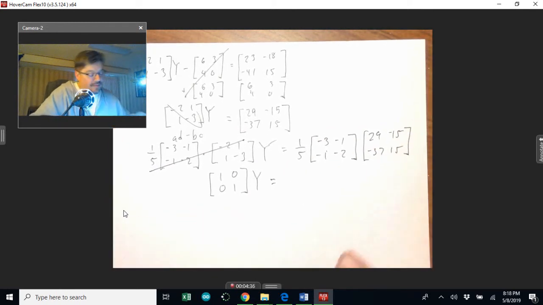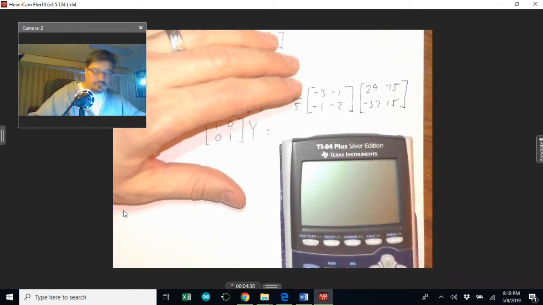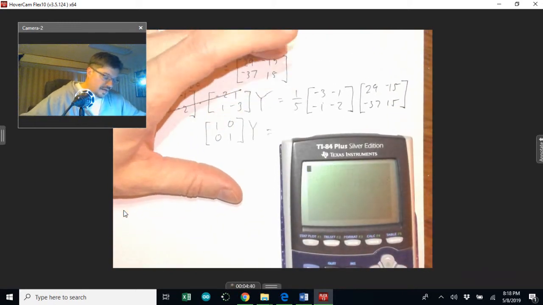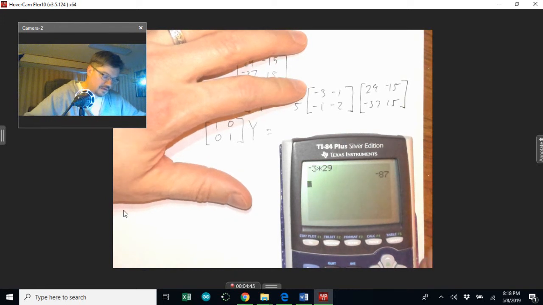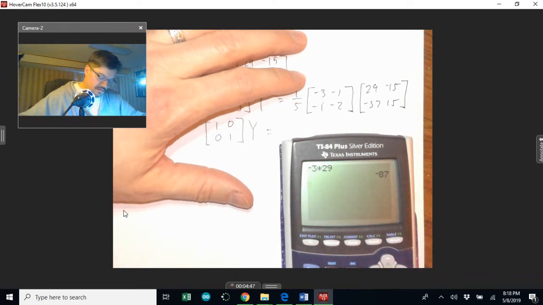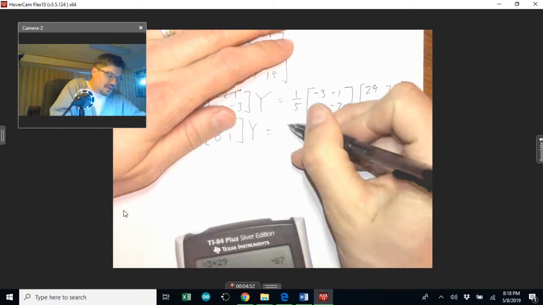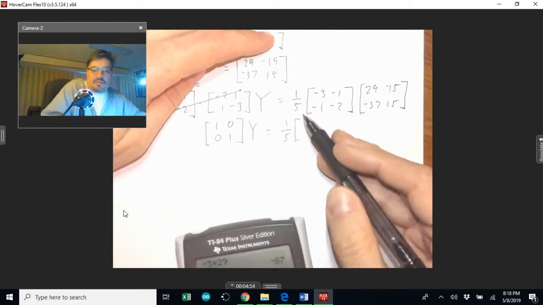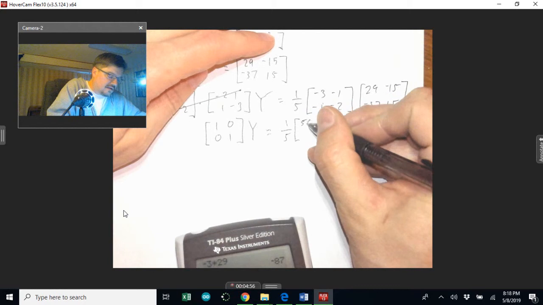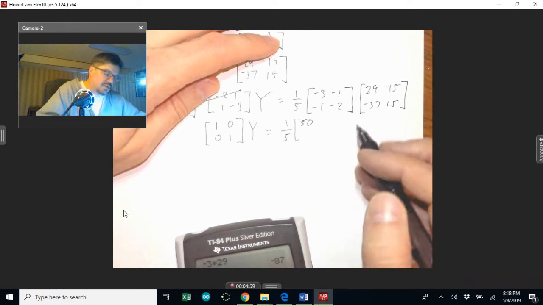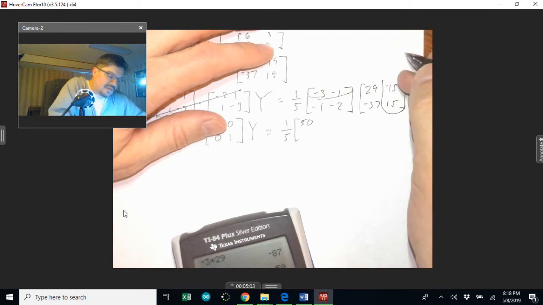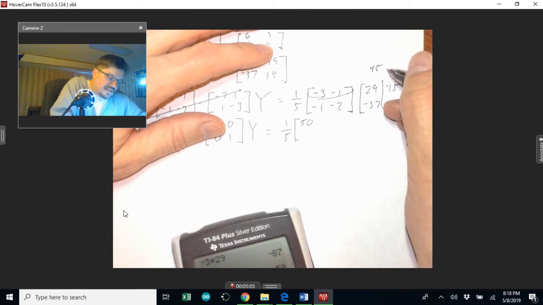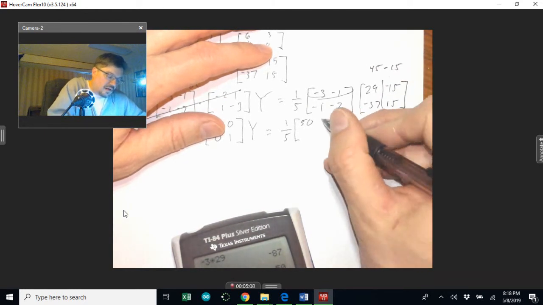I'm actually going to be careful here. I'm so tired. Okay, let's see. We got negative 3 times 29, negative 87, plus a positive 37. It's negative 50. I'm not worried about big numbers because I'm going to be multiplying by 1/5 in a second. The next one, remember this is matrix multiplication, is positive 45 plus negative 15, so that's 30.